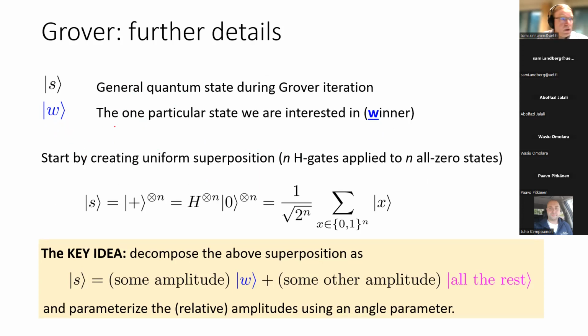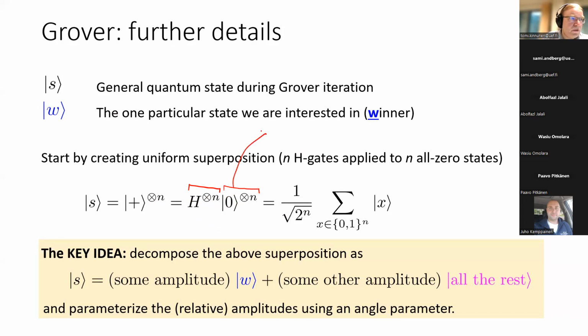Now how this gets started is to create the uniform superposition. Say you have a small number n of qubits, and you apply a Hadamard gate to each one of the qubits. That's another notation we haven't really discussed, but it means applying the tensor product of n Hadamard gates to the tensor product of n zeros.